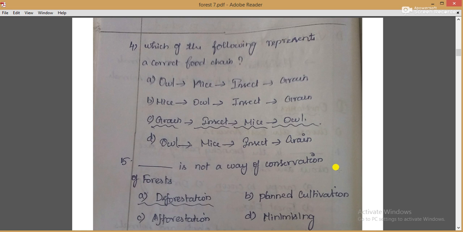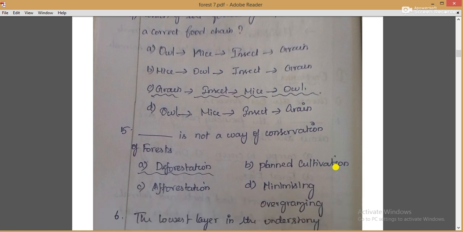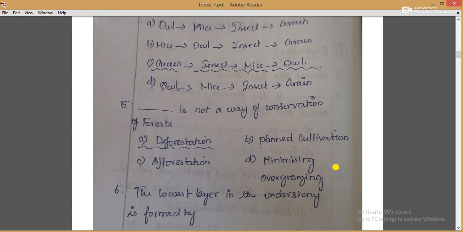So the correct option is grain, a producer, first. Then insect is a primary consumer, mice is a secondary consumer and owl is a tertiary consumer. So the correct food chain is grain, insect, mice and owl. Mice means mouse.